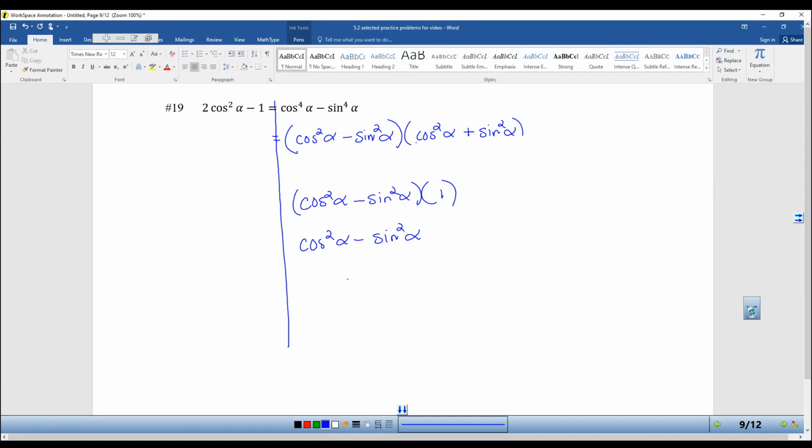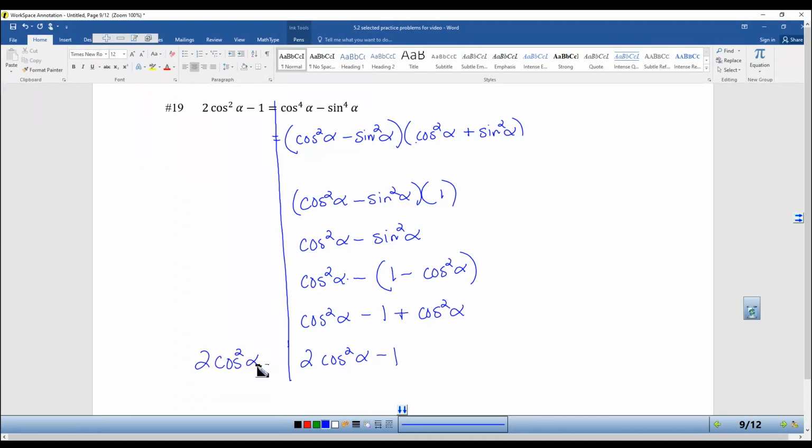Well, that's okay. You can always get rid of a sine and change it into a cosine if it's squared. You can't do this unless it's squared. And sine squared is the same as 1 minus cosine squared alpha. So that gives me cosine squared alpha minus 1. I'm distributing my negative, plus cosine squared alpha, which is 2 cosine squared alpha minus 1.